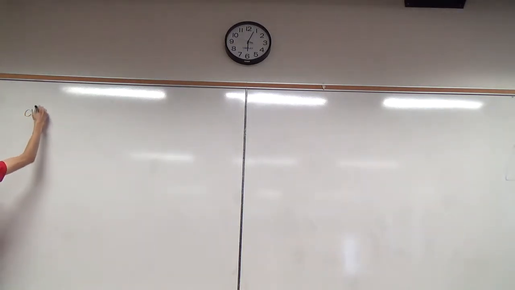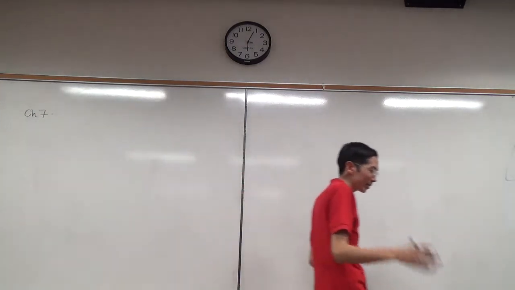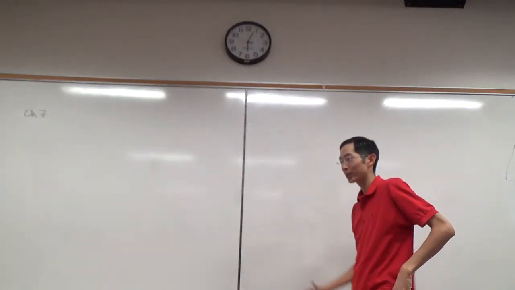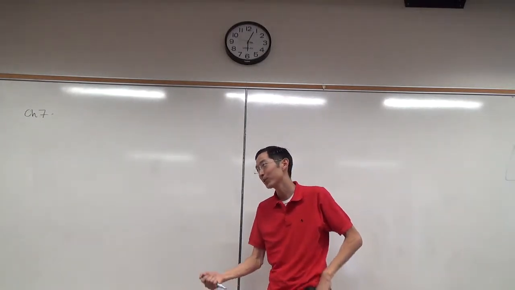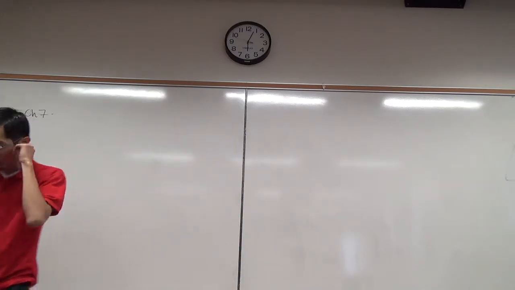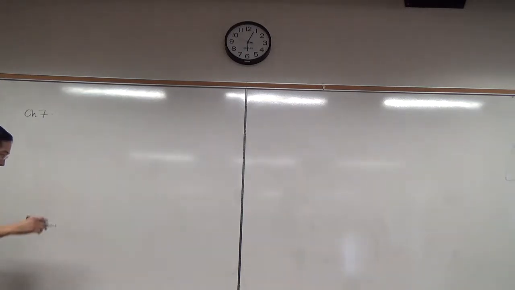All right, so Chapter 7. We're moving on. Chapters 1 through 6 were all about describing data, describing variables. We talked about categorical variables, and we spent a good amount of time on numeric variables, describing them, summarizing them, and if they fit the normal model, using that to give us even better understandings of the data.